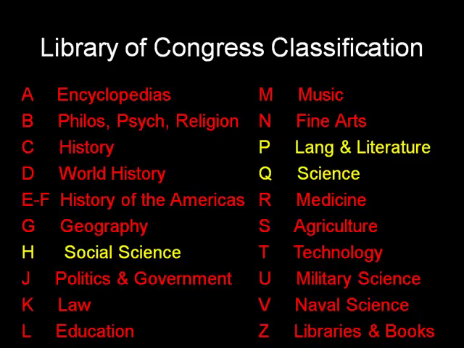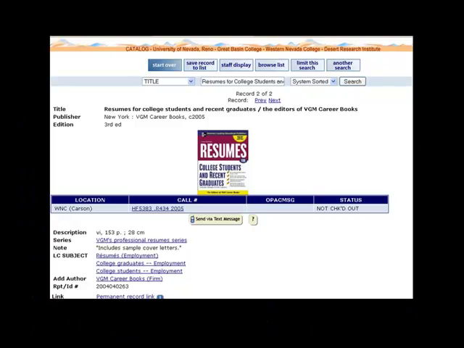To get a better idea of how the LC classification system works, let's look at a book entitled Resumes for College Students and Recent Graduates. The catalog record shows that this book is located at the Carson Campus Library with the call number of HF5383.R4342005, and that it should be on the shelf.